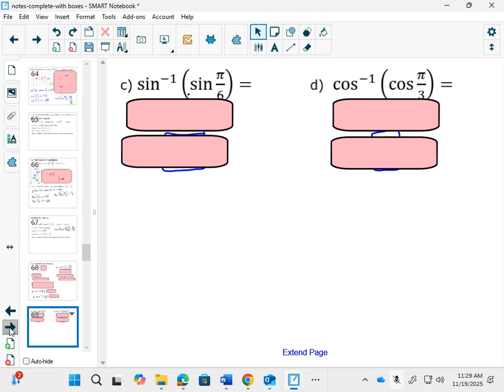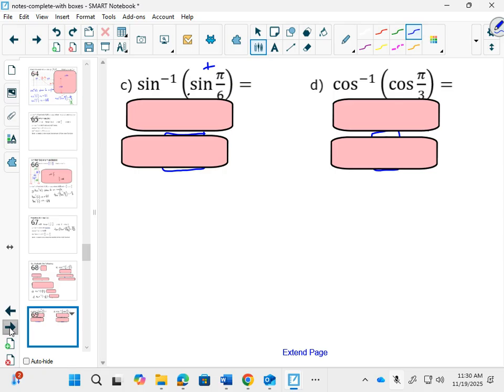Sine inverse of sine of pi over 6. This will be positive, right? Because it's in quadrant 1. So I'm just going to put a positive here. Therefore, what is the angle? You don't even have to figure out the ratio. If you know it's a half, brilliant. But if you got it wrong and said it was 2,000 over 5, okay, that's really bad.